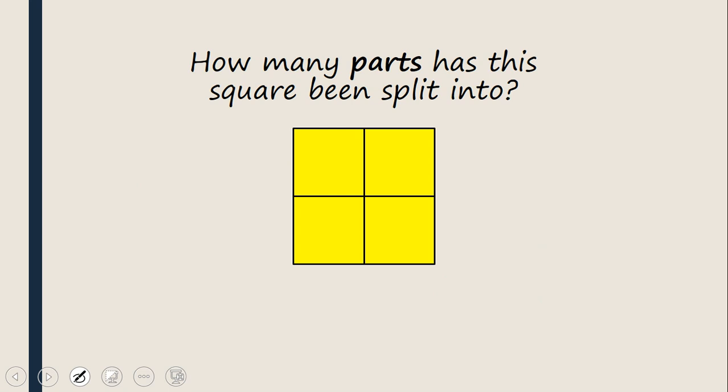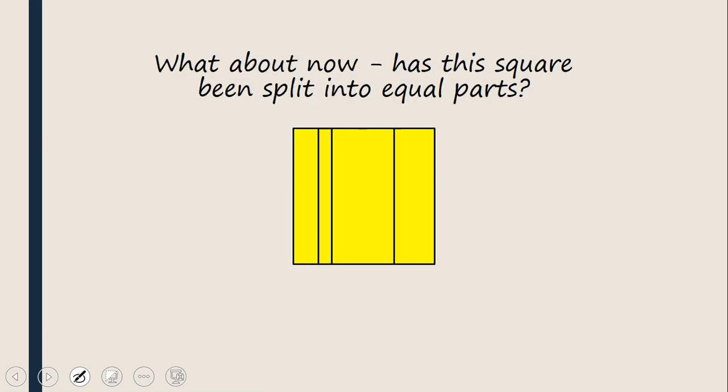Okay, so here we have a square, and it has been split into 1, 2, 4 parts, okay? So 4 parts. Now, here we have 1, 2, 3 parts. Sorry, 4 parts again. But are they equal parts? Are they the same?